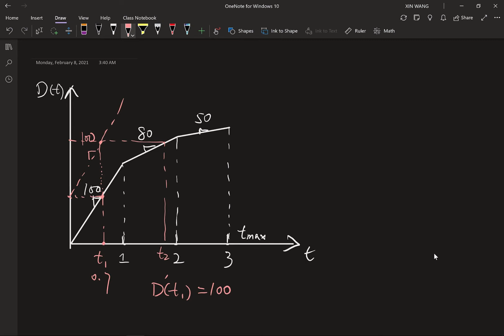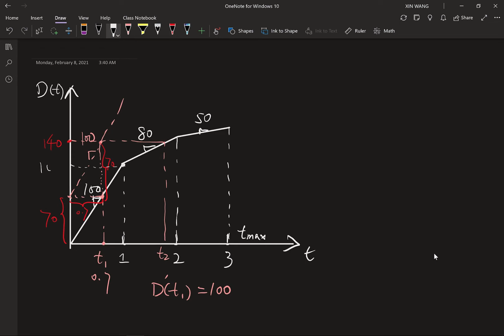To get this specific value, we take a look at this part. This line length is 0.7, and this gradient is 100. So we know the length of this line should be 70. The length of this first segment is also 70. So that indicates this value should be 140. Remember our D1 and D2 points.